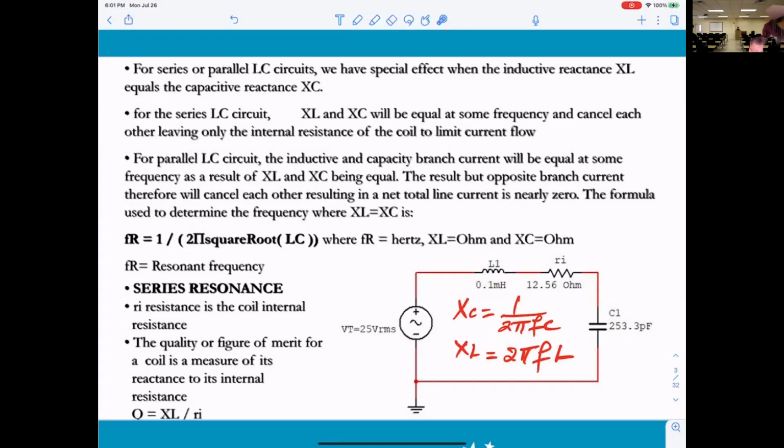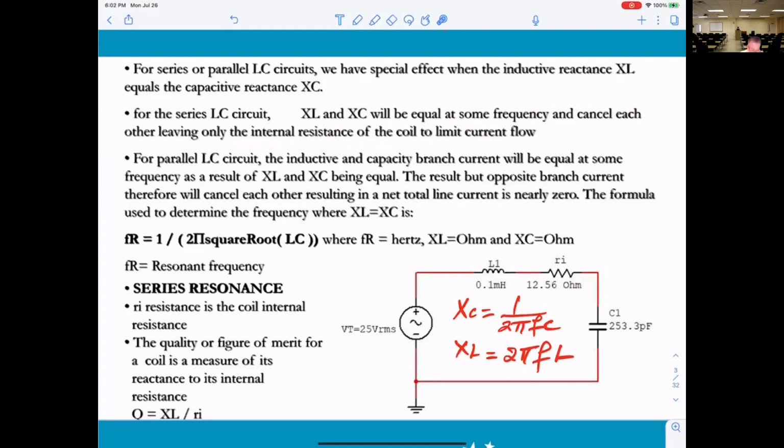For the series LC circuit, XL and XC will be equal at some frequency and cancel each other, leaving only the internal resistance of the coil to limit the current flow. So that will be telling you one thing.